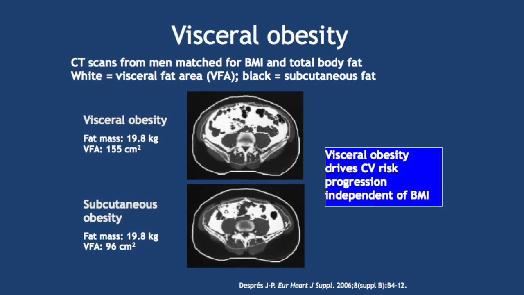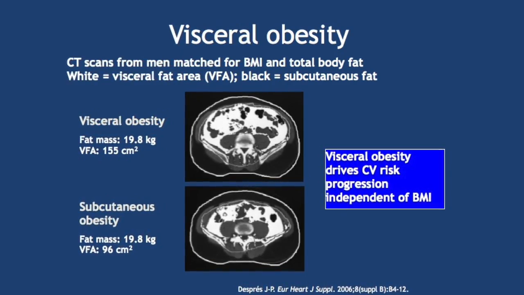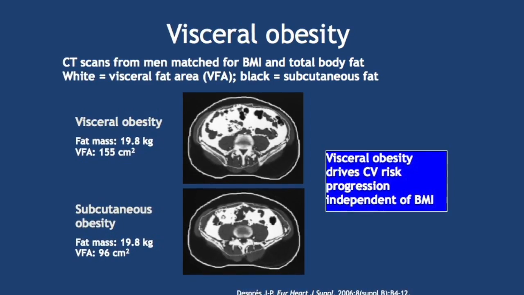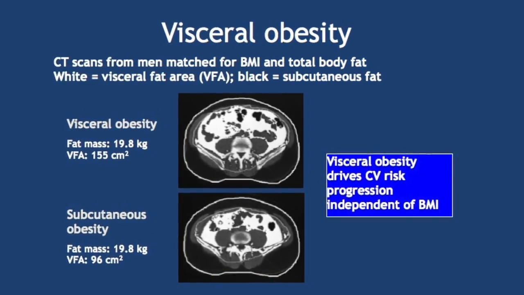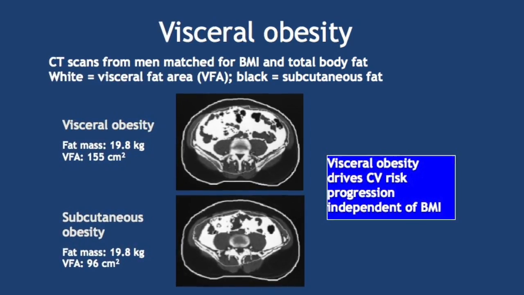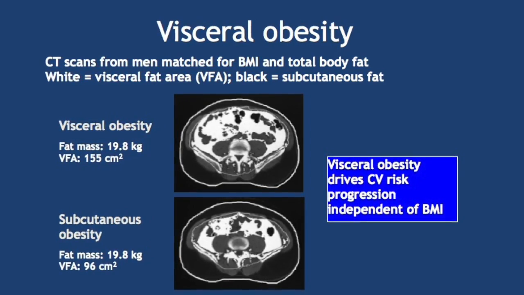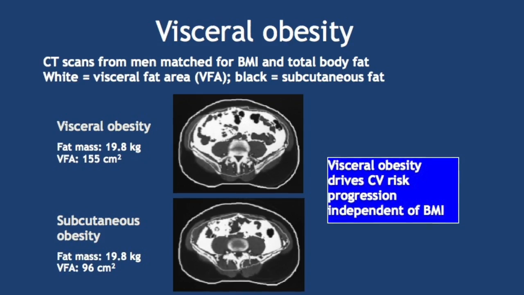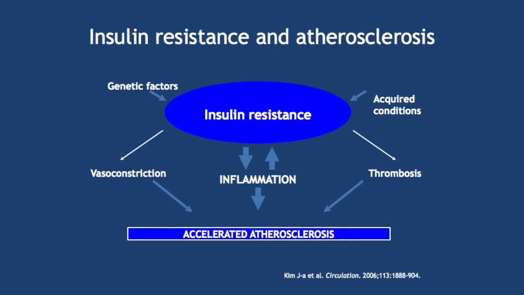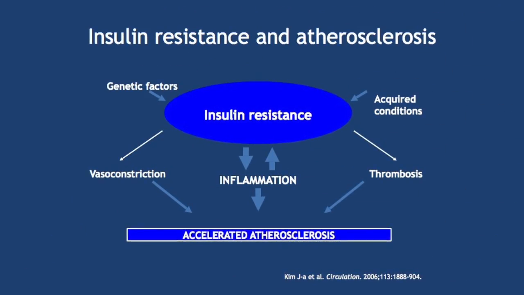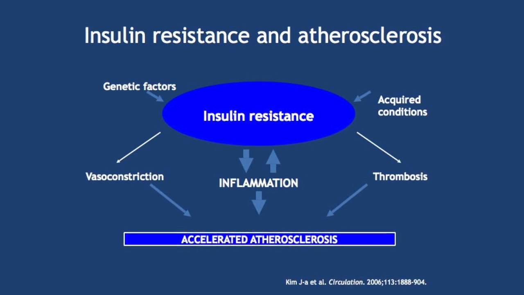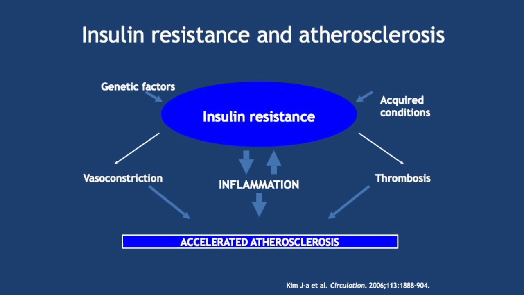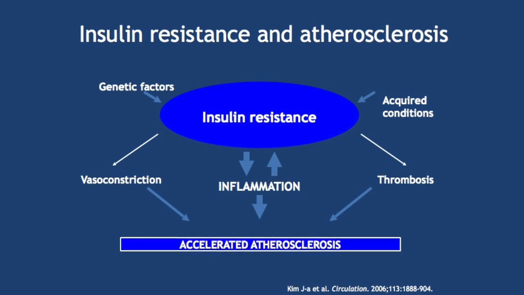Abdominal obesity is the clear pathophysiology of metabolic syndrome. The upper CT scan shows abdominal fat. The lower CT scan shows subcutaneous fat. The abdominal fat sucks up the action of the insulin, leading to insulin resistance.